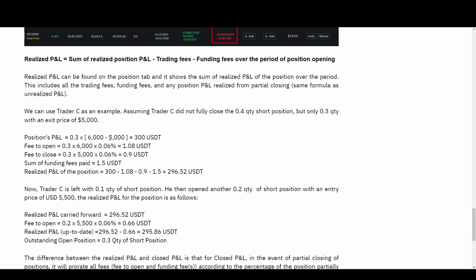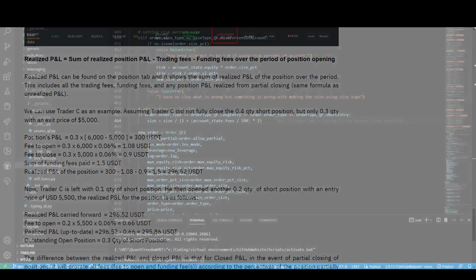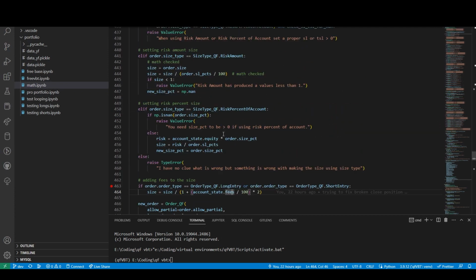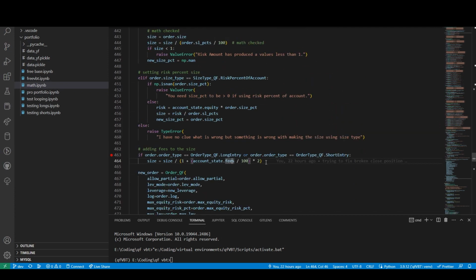And then I would have to do the average entry and then the exit. And then apply all the fees. And then when I get that number, whatever this number is, that's how much my size needs to be. So yeah, that makes sense. All of this size stuff with fees, this needs to go away.